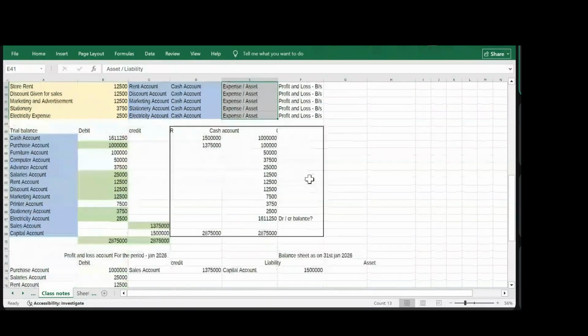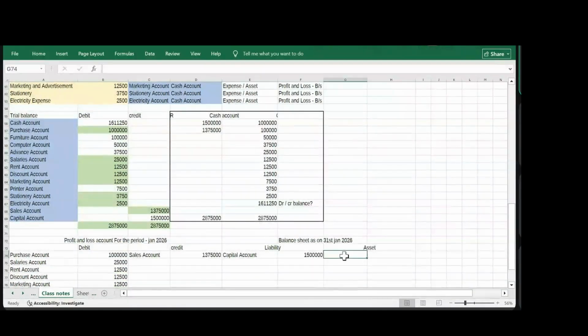Let me pick up the assets now. So going for the assets, it will be in a particular format, but here I'm just taking in any order so that we don't miss out on anything.